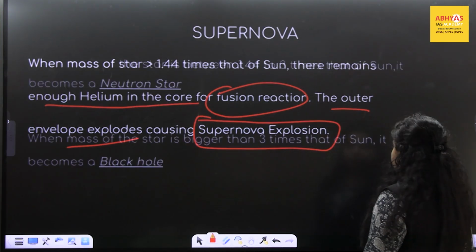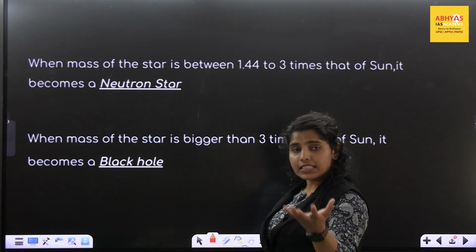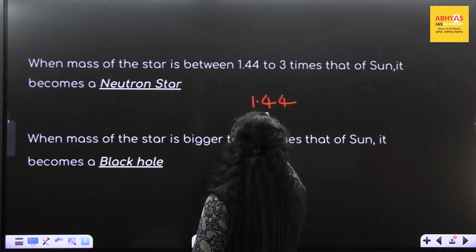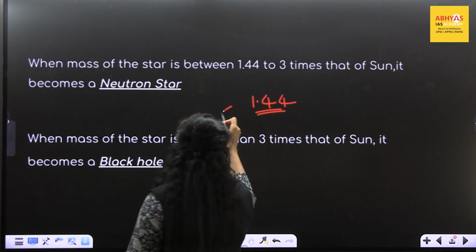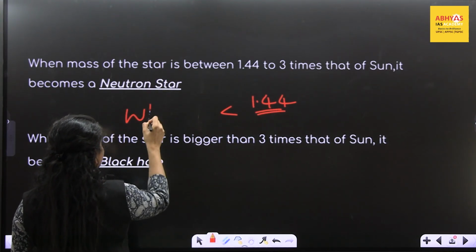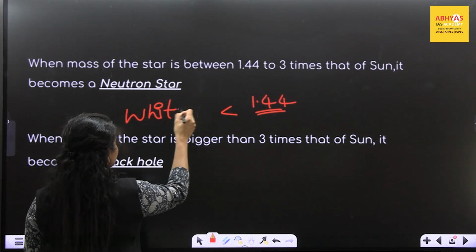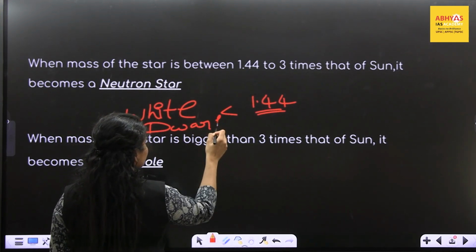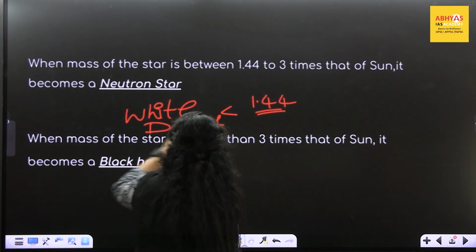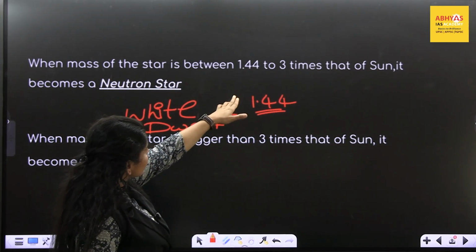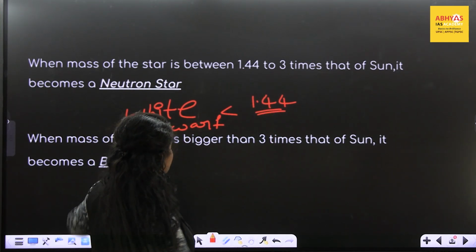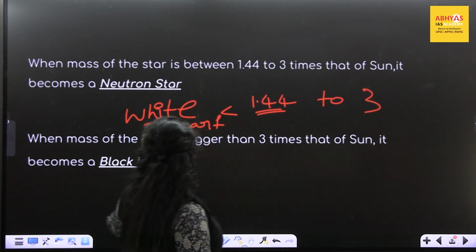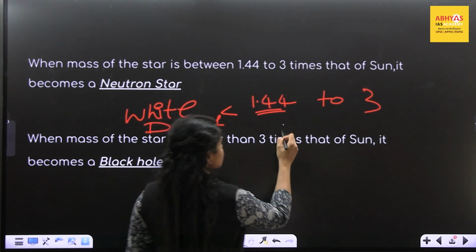Okay, now if the dense ball mass is below this scale, we are calling it a white dwarf. So when the mass of the star is between 1.44 to 3 times of the sun, then it is called a neutron star.